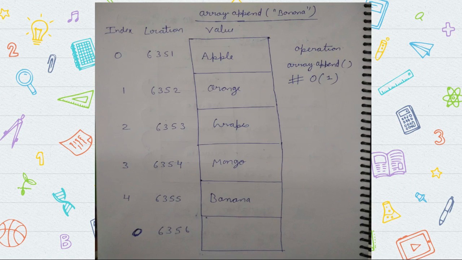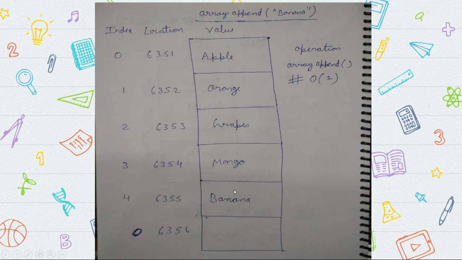So guys, you can see that there is no traversal. Traversal means whenever we need to reach all the elements, or traverse through all of them, the time complexity becomes O of n. But in this operation we just add an element at the end of the array at a continuous location.